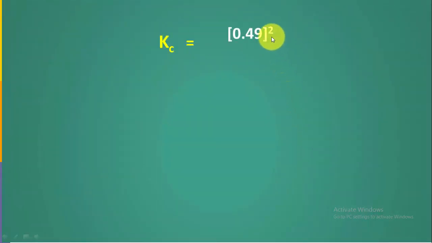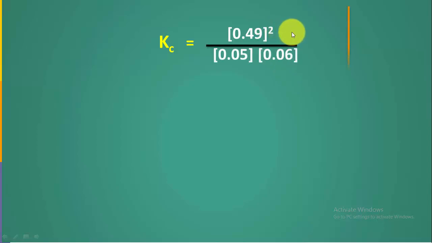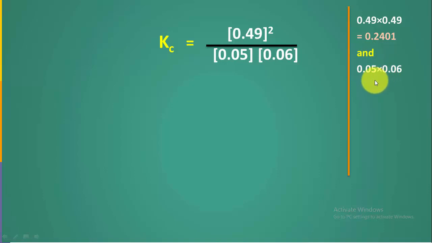So in the sidebar you can see that the mathematical work is done. 0.49 squared is equal to 0.2401, and 0.05 multiplied by 0.06 is equal to 0.0030.